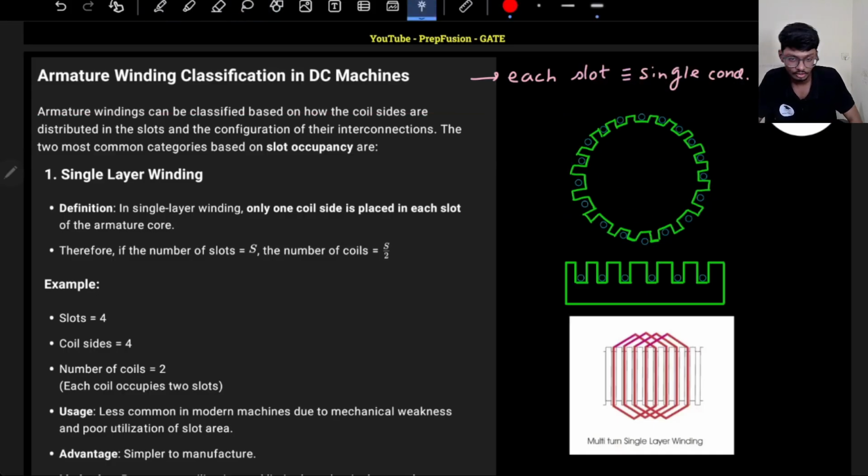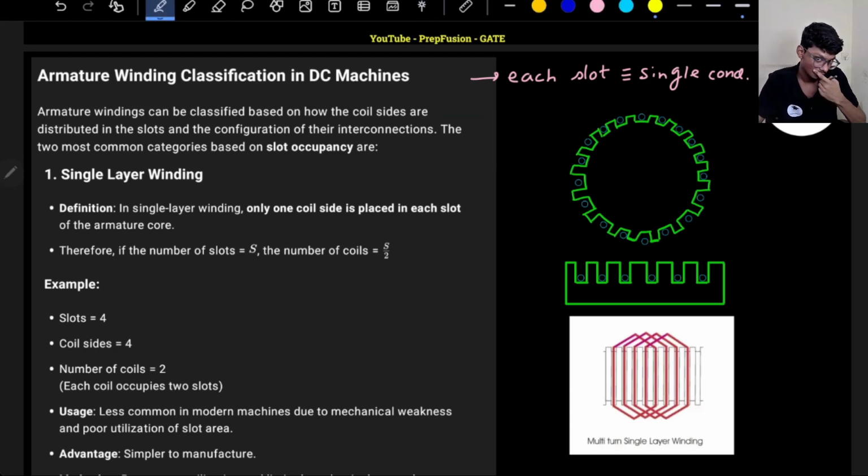Now how many coils can each slot have then? Each slot has a single conductor, and two conductors make a coil. So how many coils will there be? One coil contains two conductors, so one conductor will contain 1 by 2 number of coils, right?